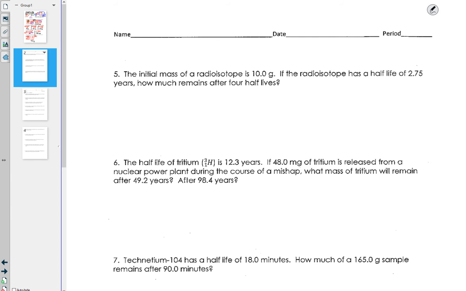The initial mass of a radioisotope is 10 grams. If the radioisotope has a half-life of 2.75 years, how much remains after 4 half-lives? Ooh. You know what? You guys do this one. You can do it!